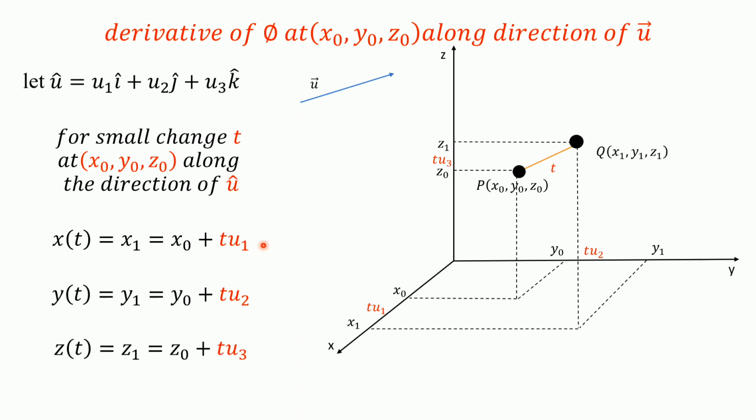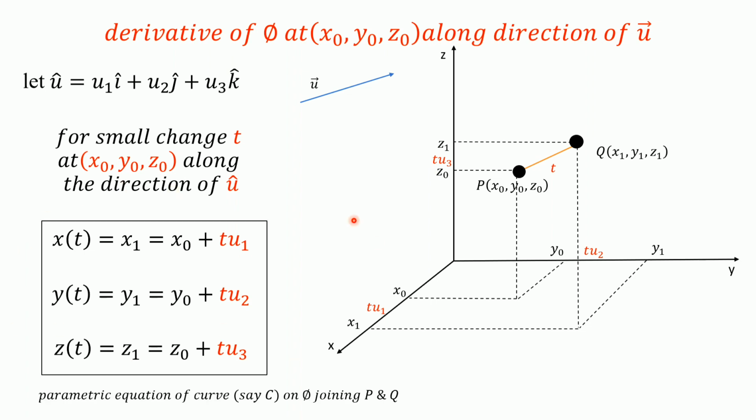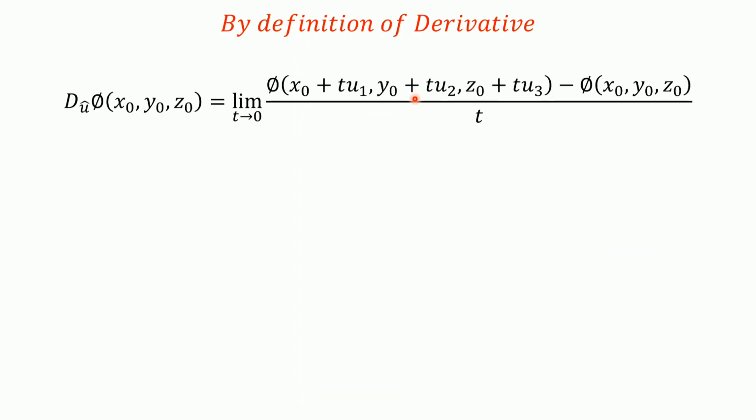Now again, these equations of x, y, z represent a parametric equation of curve C on phi joining the points P and Q along the direction of this vector u bar. Again, by the definition of derivative, this is the limit as t tends to 0 of phi evaluated at Q, these being the coordinates of point Q, minus phi at P, divided by t.